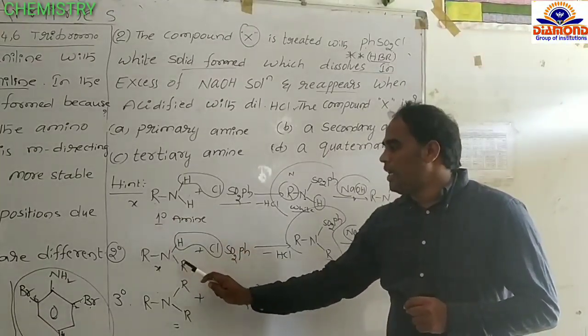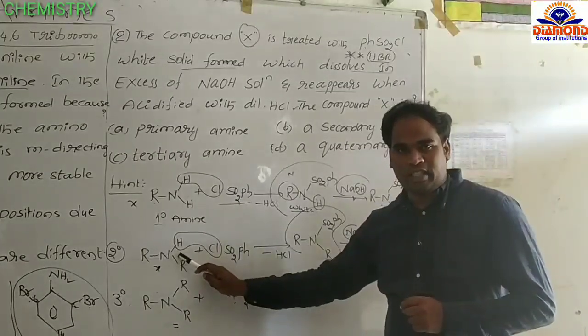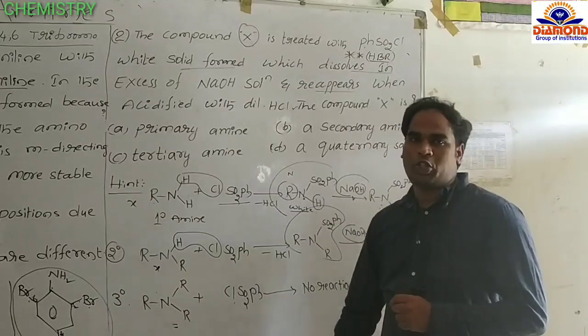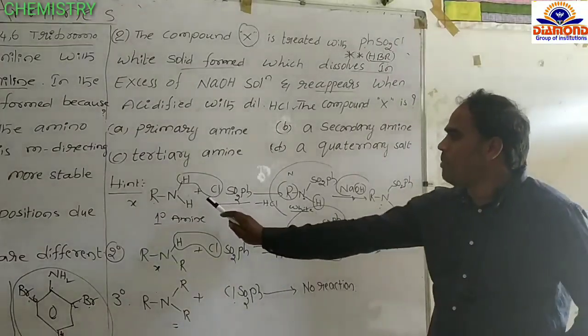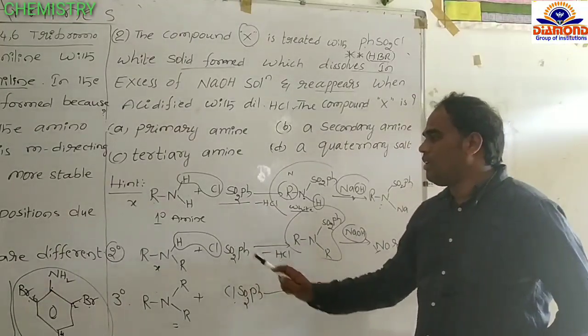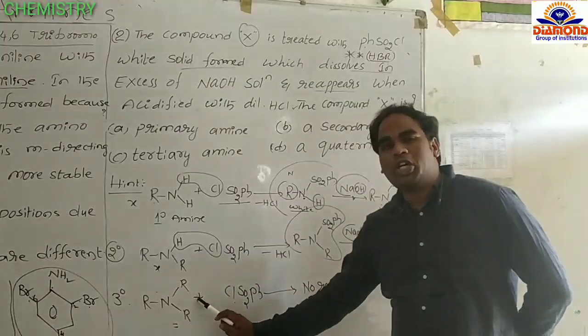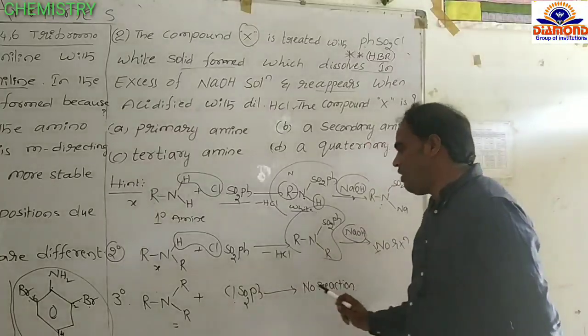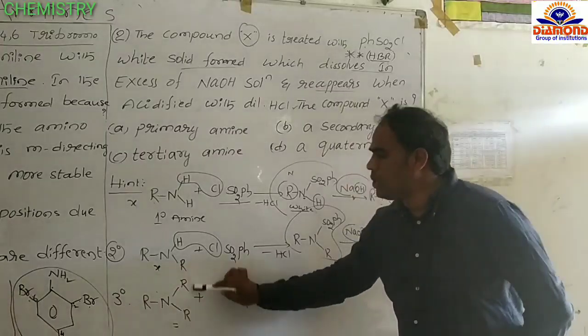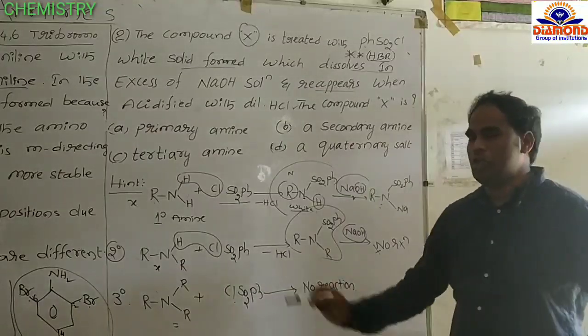Here, the amine group links with two alkyl groups, therefore it is secondary. Here, nitrogen links with three alkyl groups, therefore it is a tertiary amine. So a primary amine reacts with Hinsberg's reagent, a secondary amine reacts with Hinsberg's reagent, but a tertiary amine does not react with Hinsberg's reagent because there are no hydrogen atoms on nitrogen.